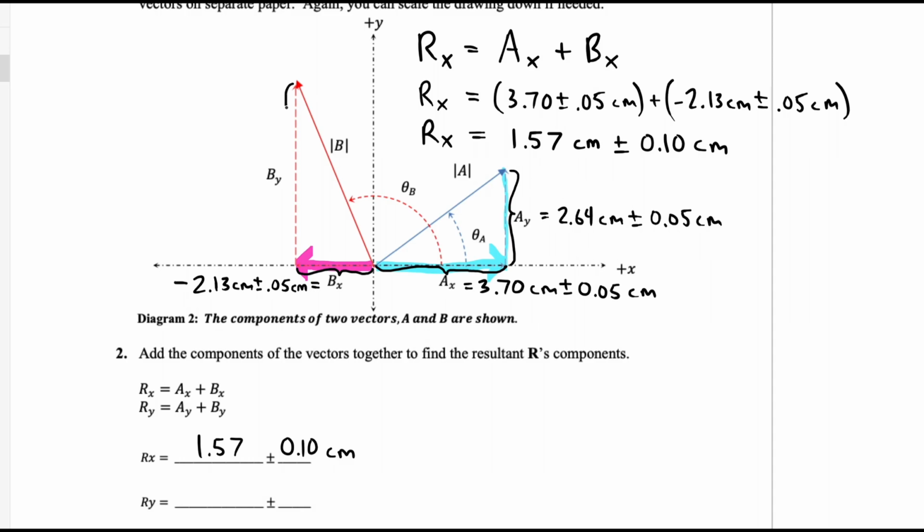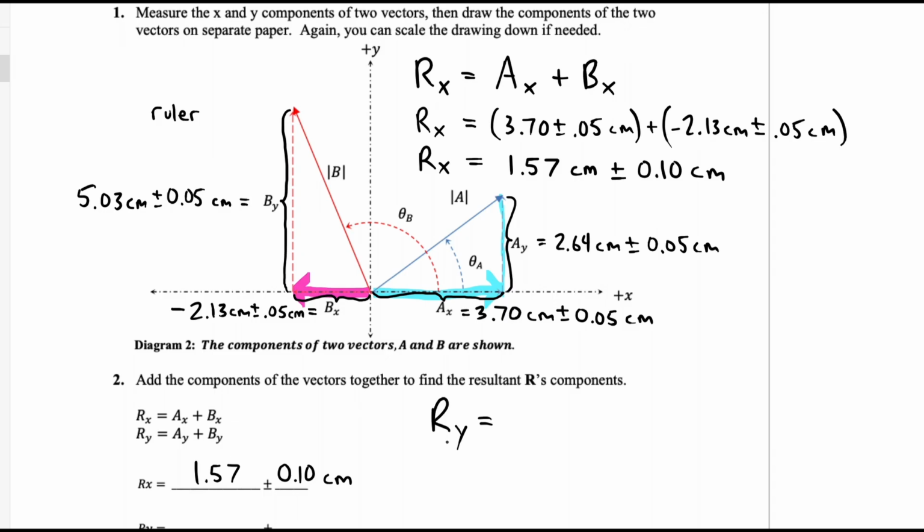And now I'll measure BY, lining up my ruler this way. I think BY is 5.03 centimeters plus or minus 0.05 centimeters.